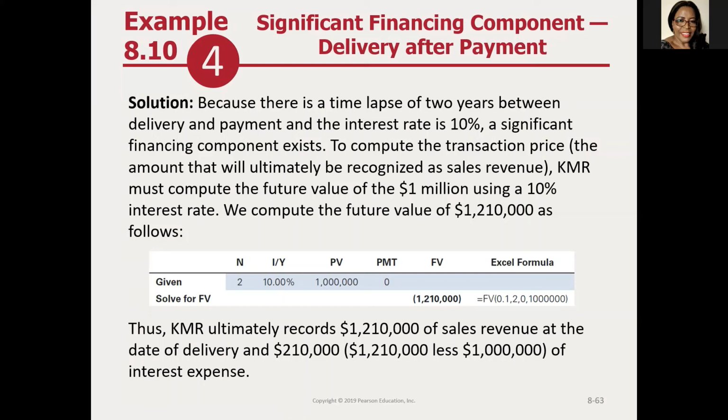And it is illustrated here on the screen. The future value is then $1,210,000. So KMR ultimately records $1,210,000 of sales revenue at the date of the delivery and $210,000 of interest expense.